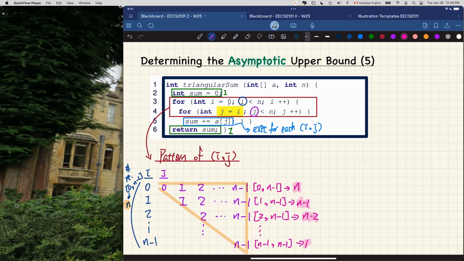So the number of times that line number 5 is executed is going to be n plus n minus 1 plus n minus 2 plus all the way to 1. Guys, do you recognize this kind of sequence over here? It has a name.